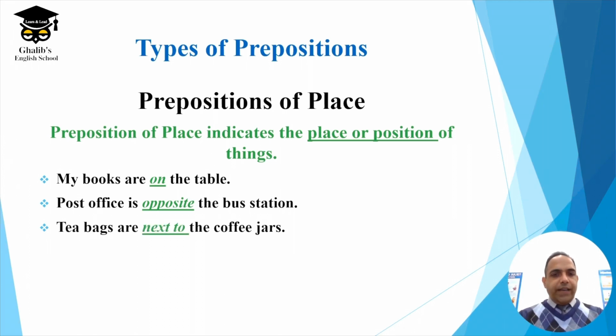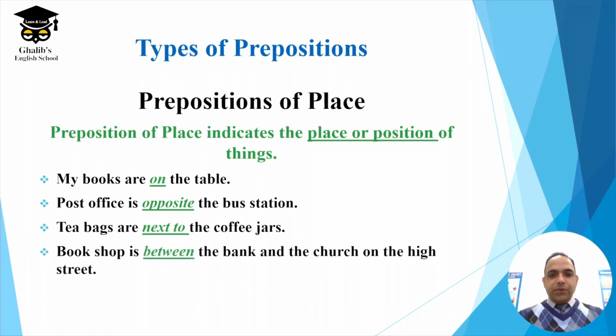Tea bags are next to the coffee jar. For example, you go to a supermarket and you can't find tea bags. You ask someone, where are the tea bags? The person says, tea bags are next to the coffee jars. So you need to find the coffee jars. Basically you need to go to the section where you can find tea bags and coffees, because it indicates clearly in supermarkets.